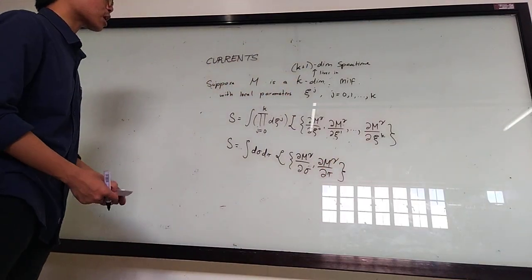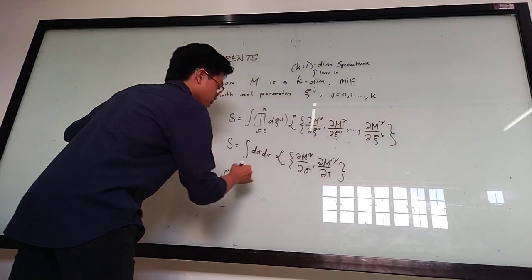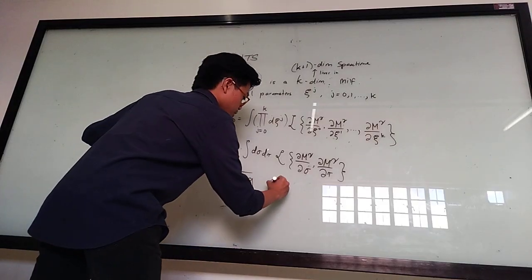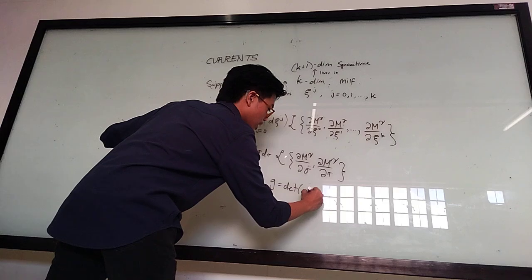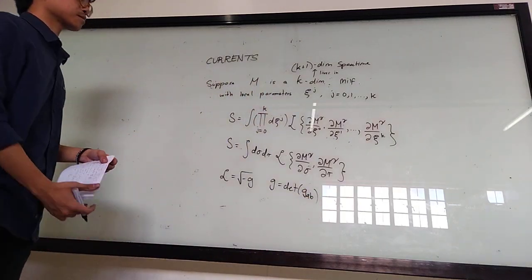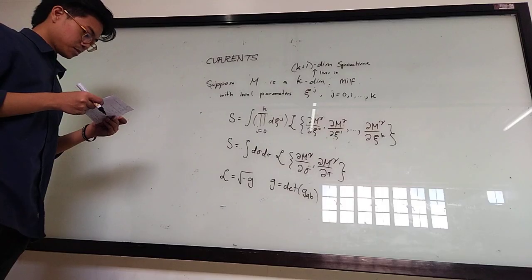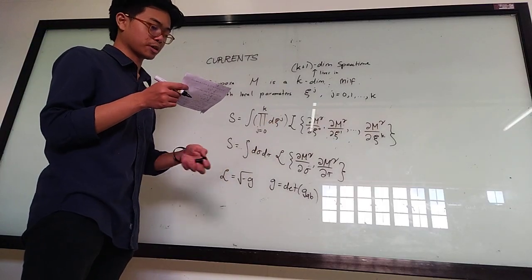And for the Nambu-Goto action, this L is essentially the square root of negative g, where g is the determinant of my induced metric G. So why did I use this notation? We'll see in just a moment.